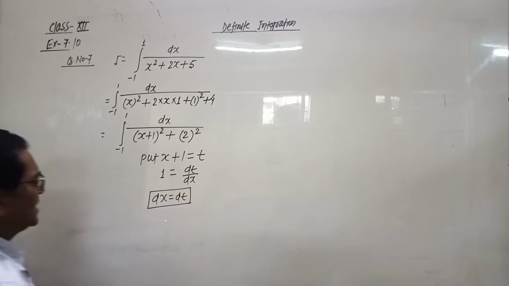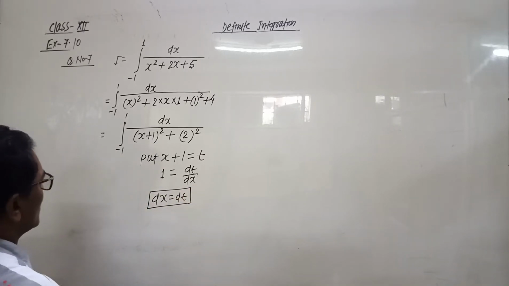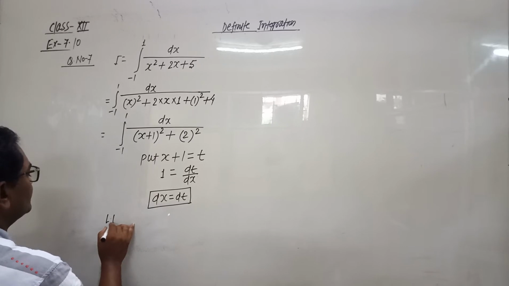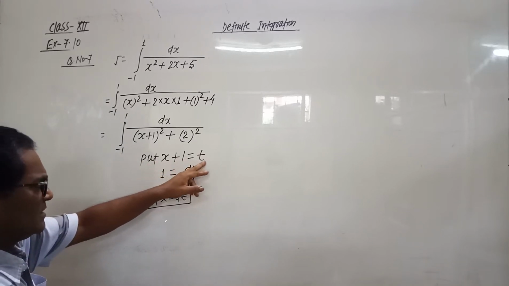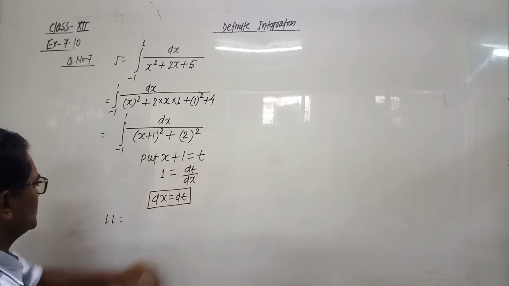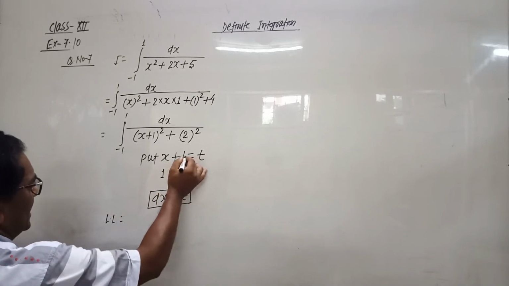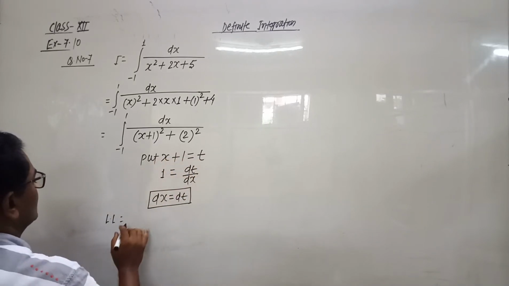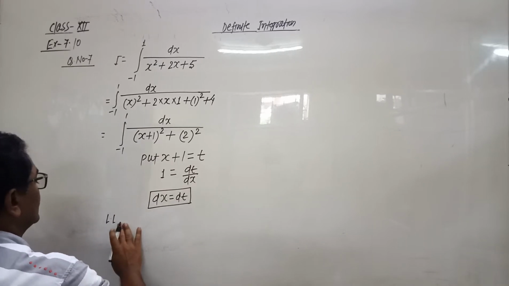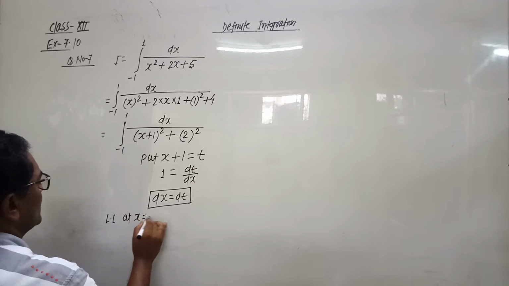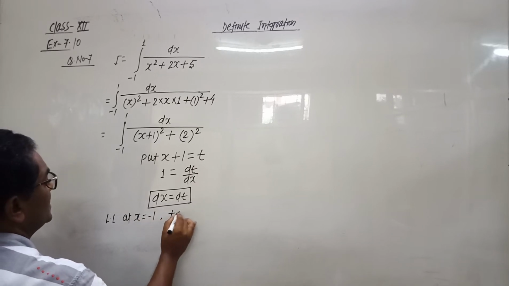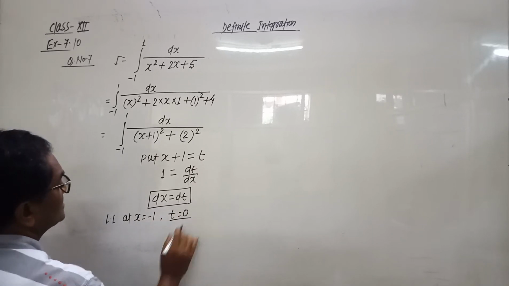Then change the limit. For the lower limit put x equals to -1, and we get the value of t equals to 0. So at x equals to -1 we get t equals to 0, and this is the lower limit.